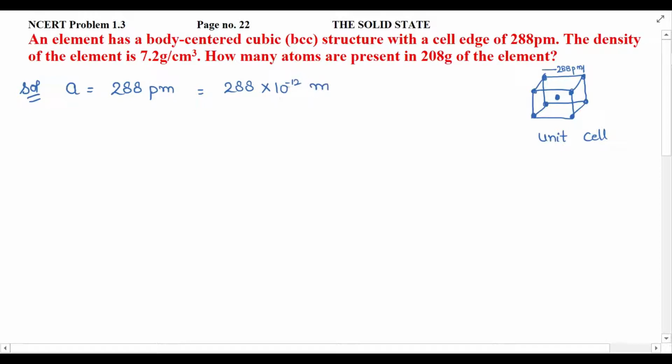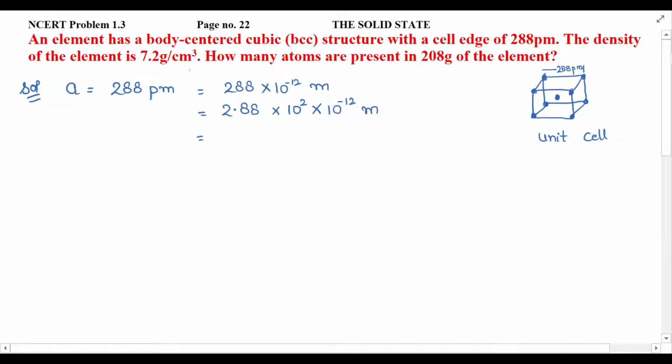Now rearrange this value, so it will be 2.88 into 10 raised to power 2. That means if I'll multiply 2.88 with 100, I'll get 288 again. And here I'm having 10 raised to power minus 12.